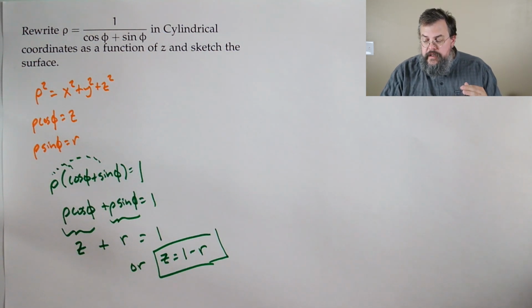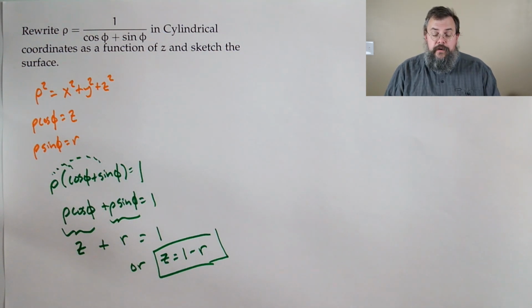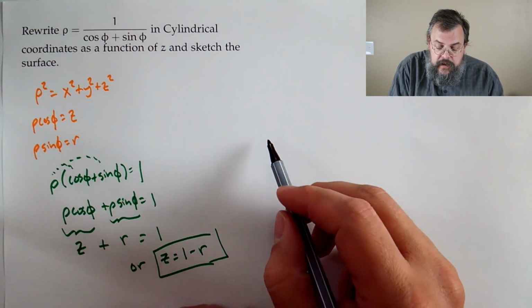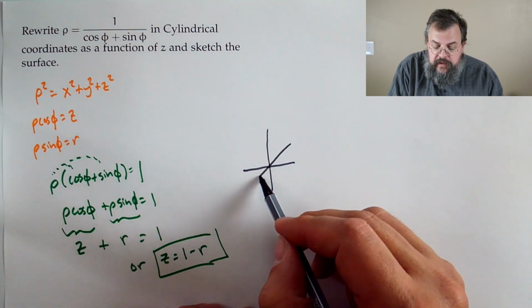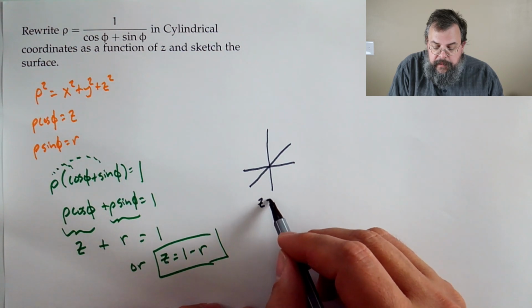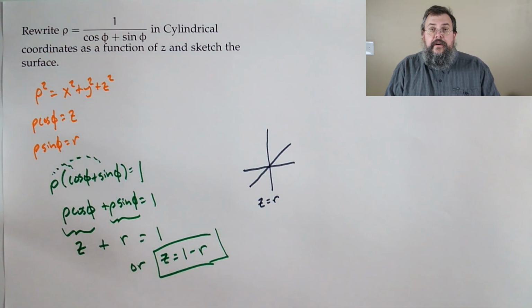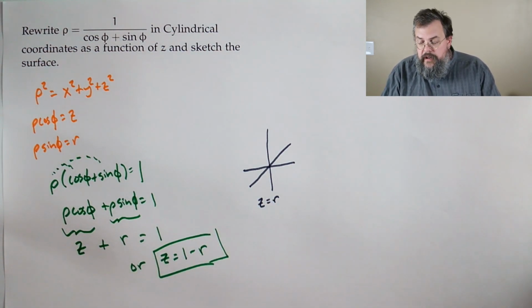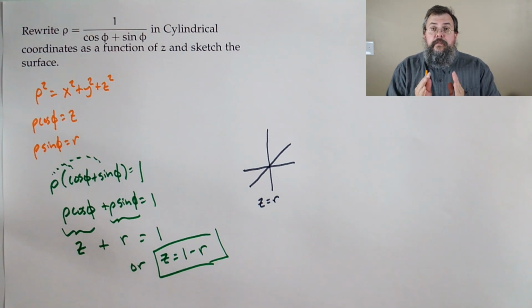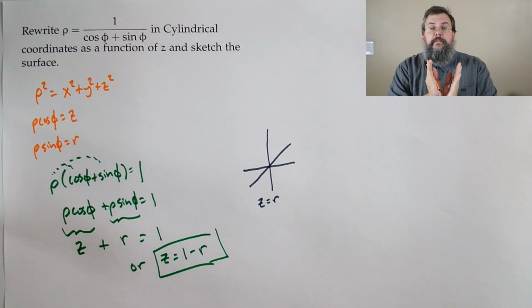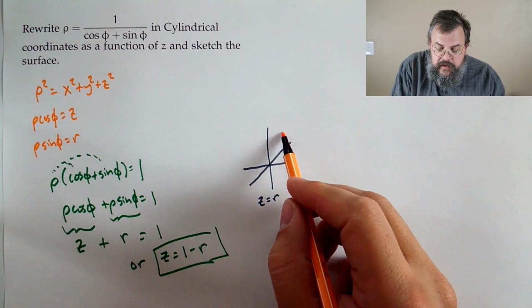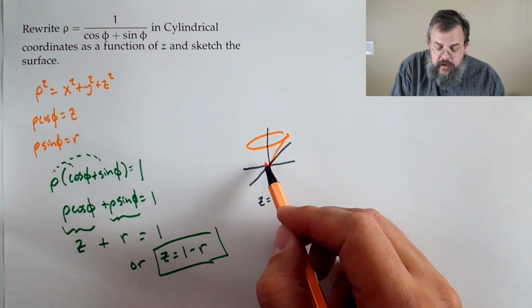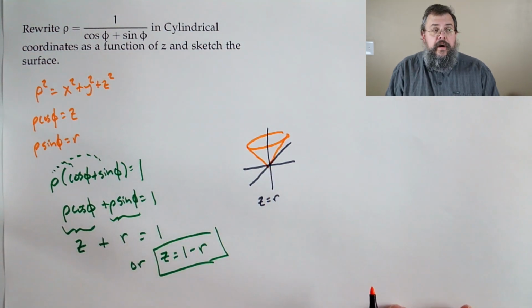There is a surface that hopefully we know, and it's called z equals r. So that's the surface that we'd like to be able to recognize. Now, what is it? Well, it's a cone. It's a cone that goes up in this way. So that's what z equals r does.